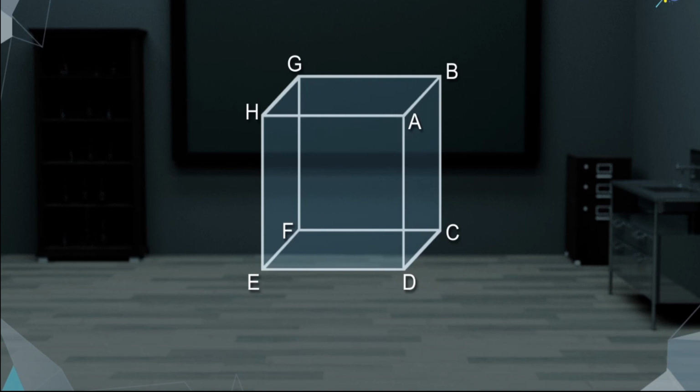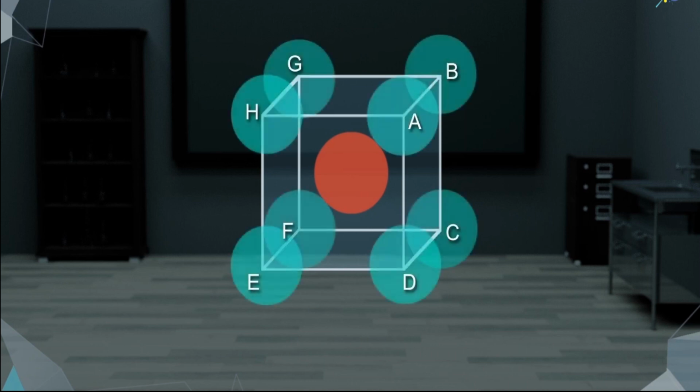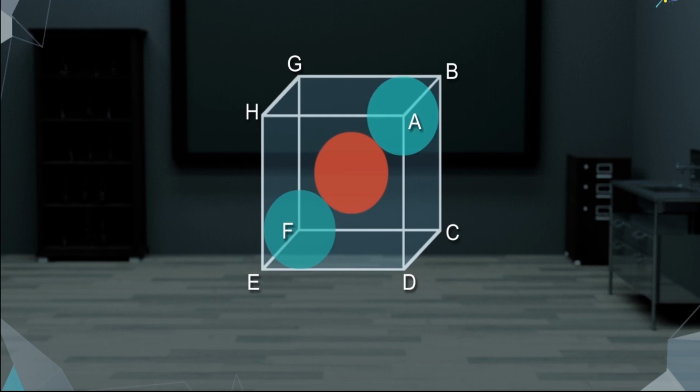Efficiency of packing in body-centered cubic structures. In a body-centered unit cell, there is a particle at the center of the body, as well as 8 atoms at the corners, one on each corner. Clearly seen here, the atom at the center will be in touch with the other two atoms arranged diagonally.